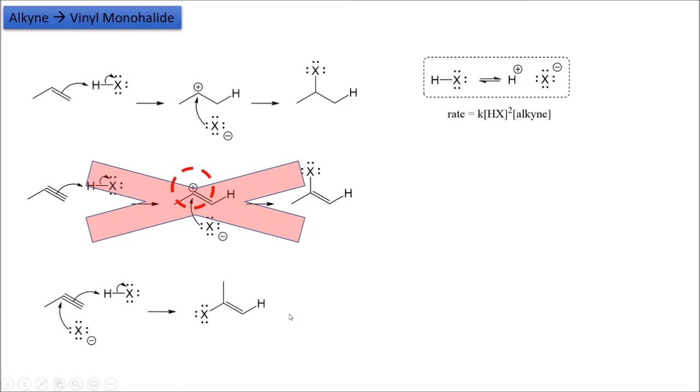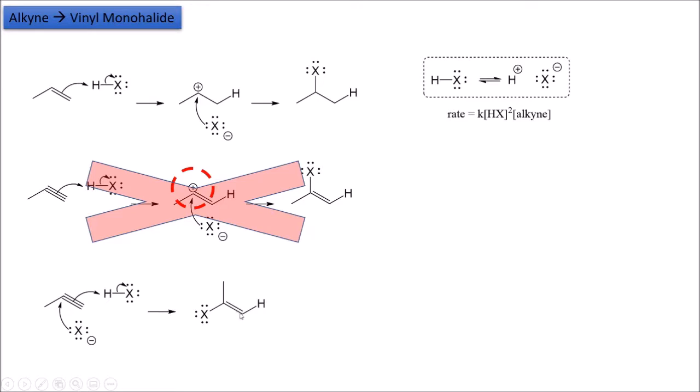But I think the consensus among the scientific community is that this third order mechanism is probably the best way to show this reaction. You can control this reaction stoichiometrically, meaning that if you add in a limited amount of halogenic acid, the reaction will stop when you get to this point right here. The reason for that is the alkyne is more reactive than this resulting alkene.